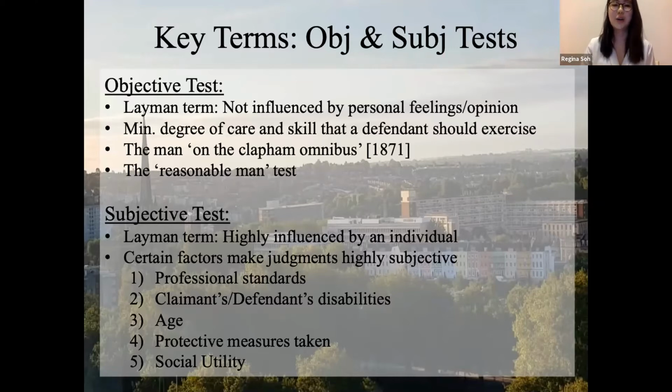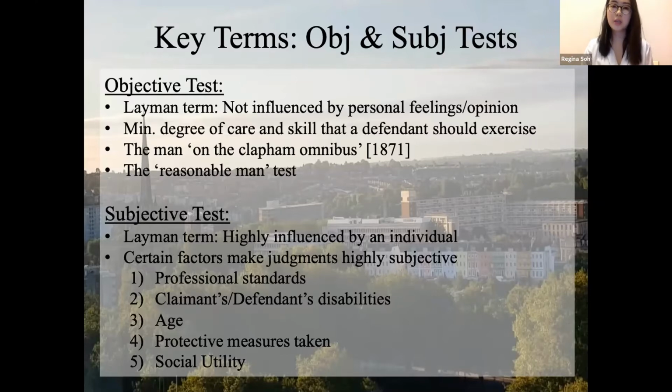So it's their bus route basically. So what an objective test just means is what would a reasonable human being do. Besides the man on the Clapham omnibus test, it became known in modern times as the reasonable man test.